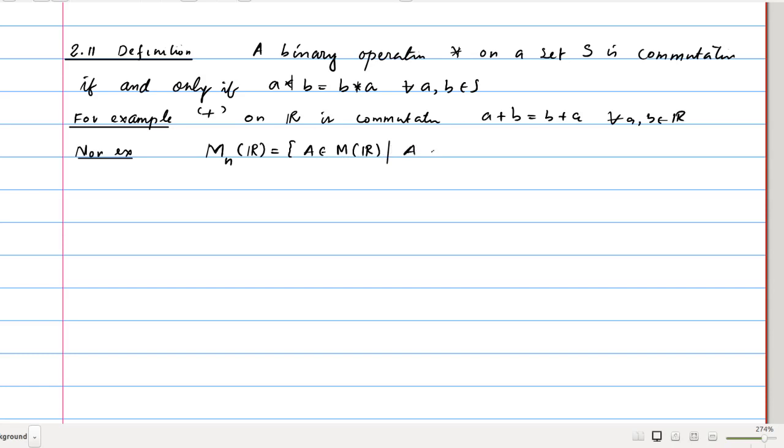Okay, A is a square matrix of order n. So this is the set consisting of n by n square matrices, and it is denoted by M n of R. If we consider this M n of R and if we define multiplication, this is the usual matrix multiplication.